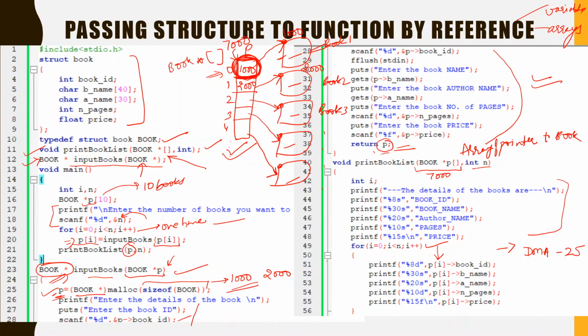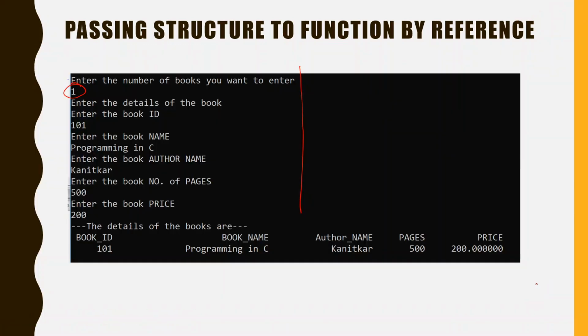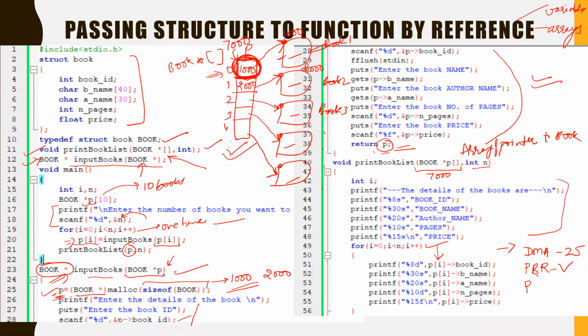So dynamic memory allocation is there, and there is pass parameter by reference, which is only for a single variable. We have also seen pass parameters by reference for an array, so this concept is also there while printing the book list.